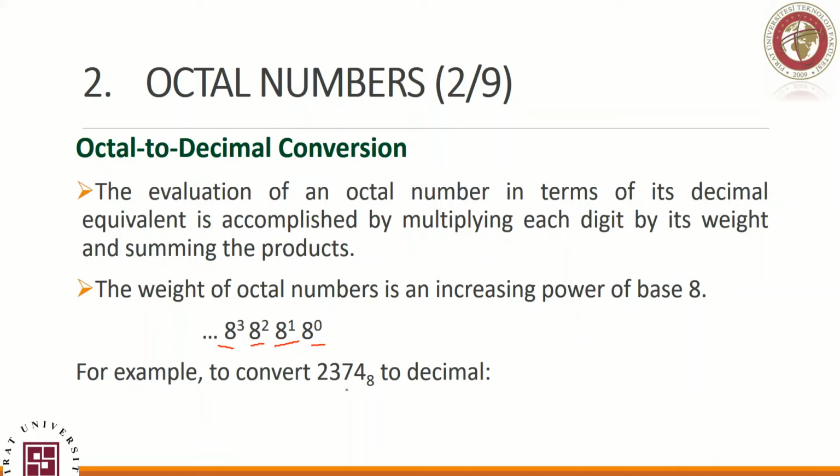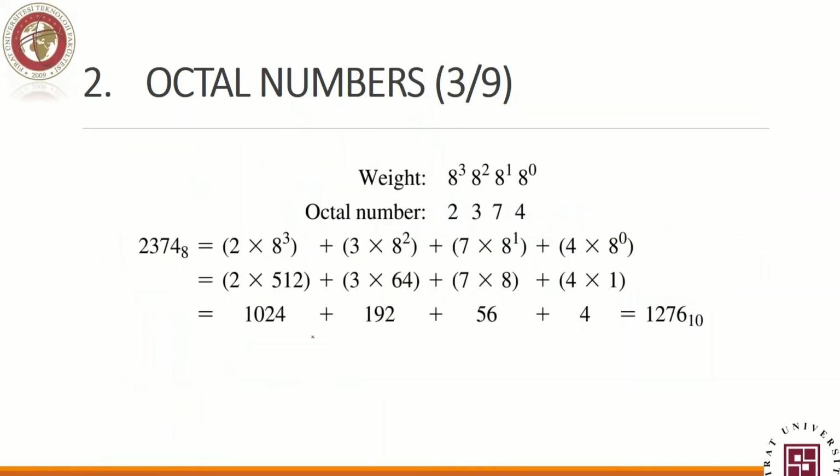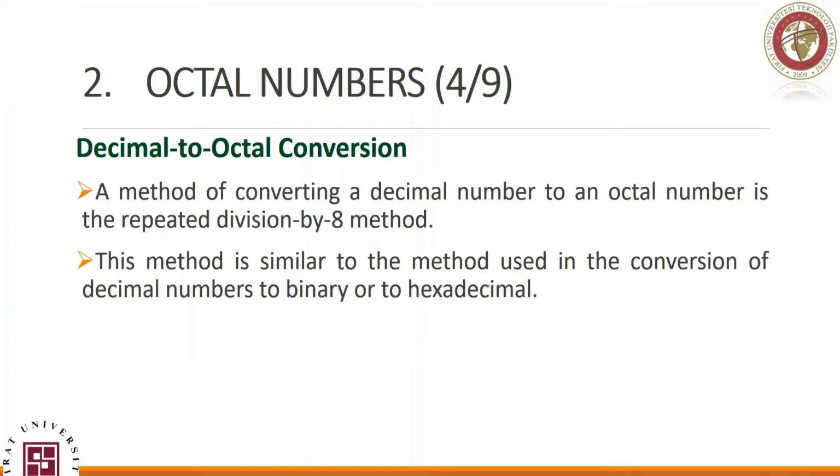This is multiplied by 8 to the power 1, means multiplied by 8. This is multiplied by 8 to the power 2. This is multiplied by 8 to the power 3. Sum them up, you will get the value. It's just basic mathematical operation, nothing else. There is not much calculation here. How about decimal to octal?